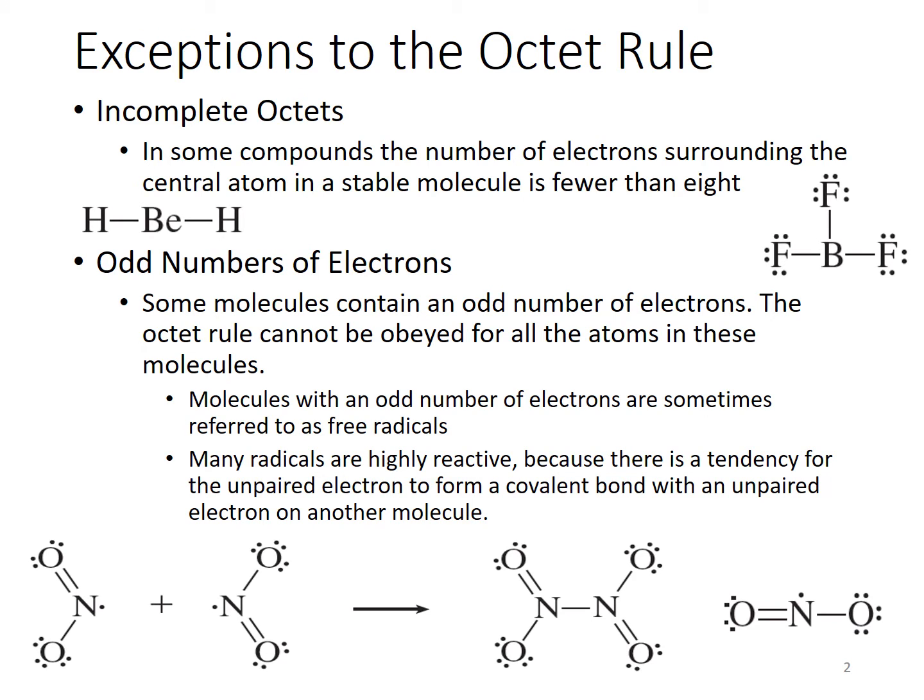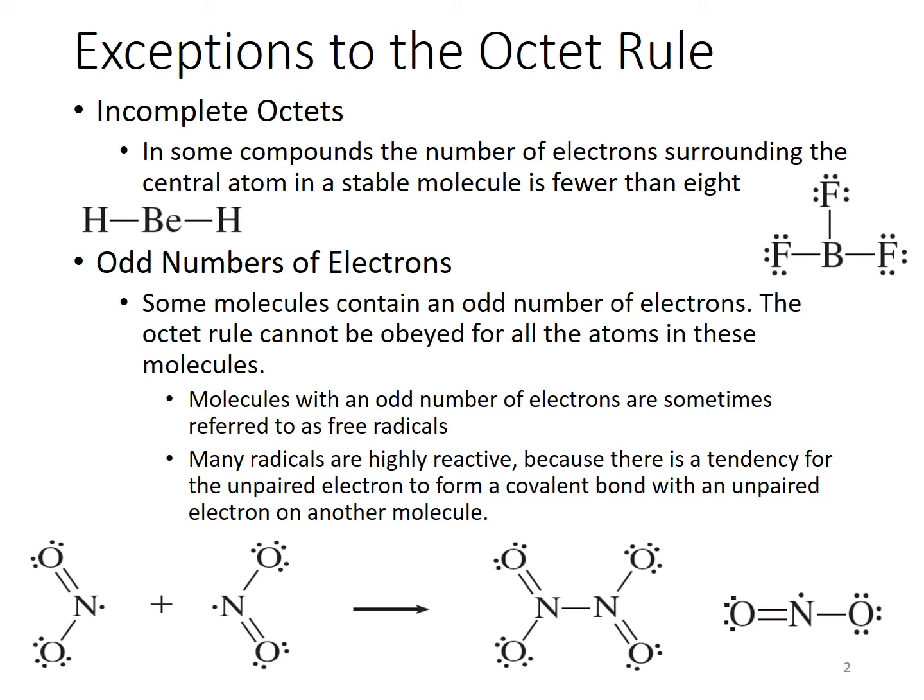We're not going to deal with it too much, but if you have an odd number of electrons, we do have some molecules that contain an odd number of electrons. We have not encountered that very much. Because of this, the central atom won't have 8 because you have an odd number of electrons.